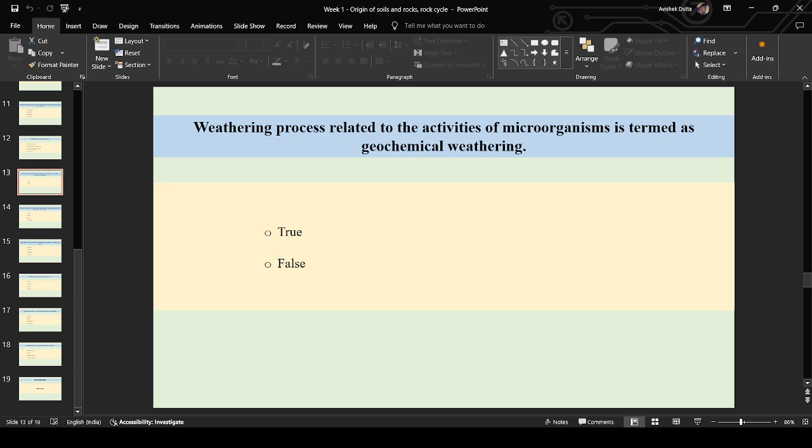And as I've mentioned, it is not enough to just state, you have to tell why it is true or why it is false. Like in this case, if it is true, why it is called geochemical weathering, and if it is false, then what is it called?